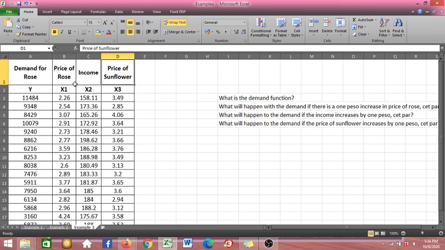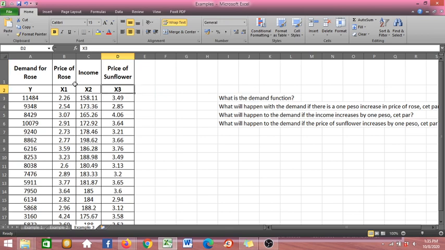And then price of sunflower: in this case, sunflower is a substitute for rose. So what will happen if the price of sunflower increases? Of course, the demand for rose also increases. And when the price of sunflower decreases, then the demand for rose will also decrease.